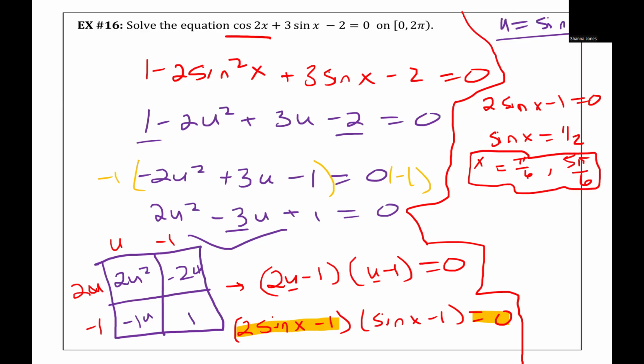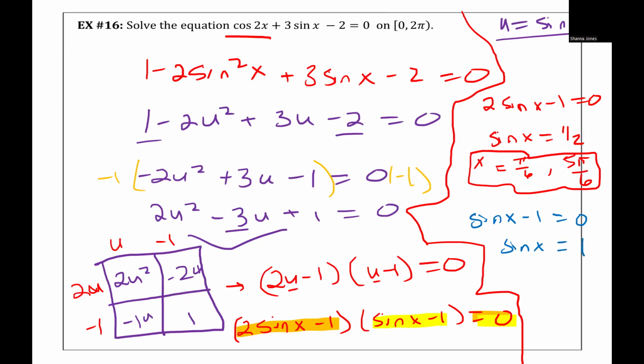And then the next one that I'm going to do. We now have sine x minus 1 equal to 0. So when I have sine x minus 1 equals 0, that means I'm looking for when sine x equals positive 1.